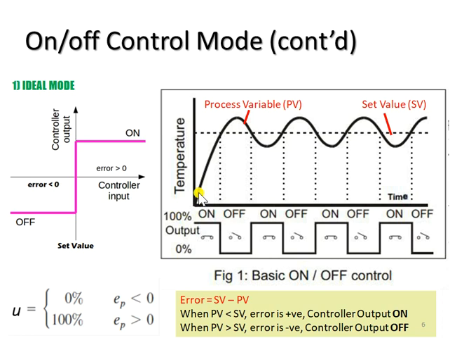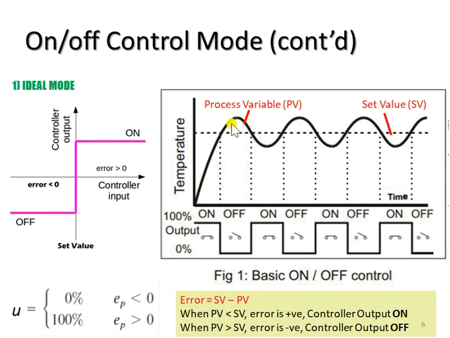That is how the PV rises, and as the PV reaches the set value, the PV becomes more than the set value due to some internal momentum.